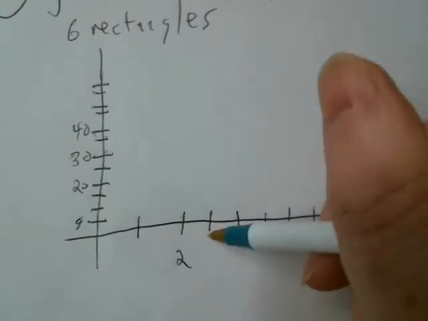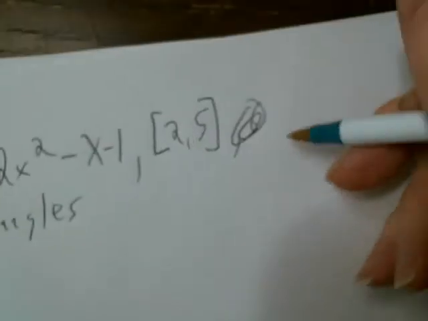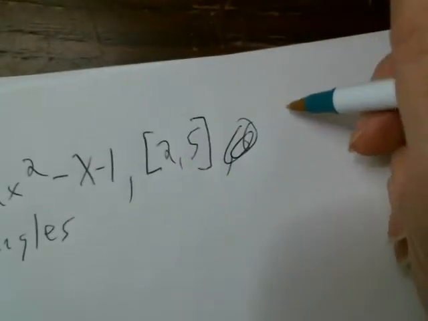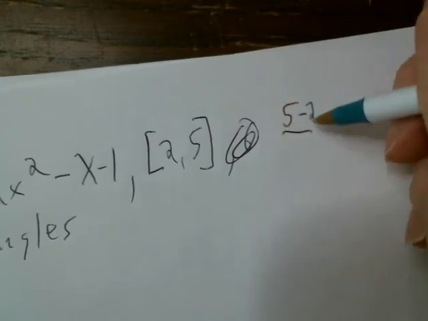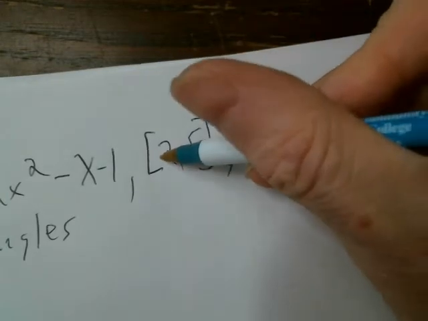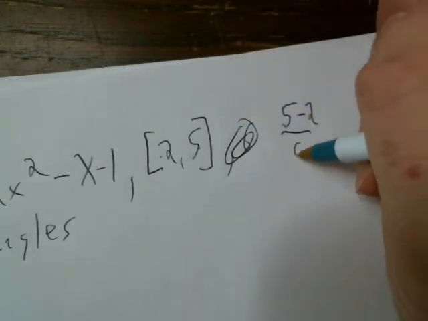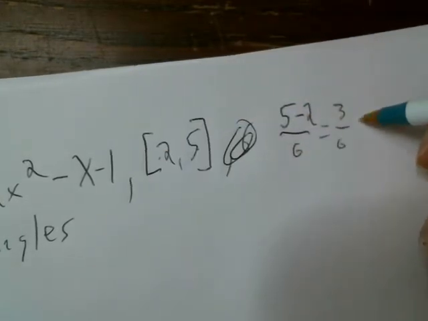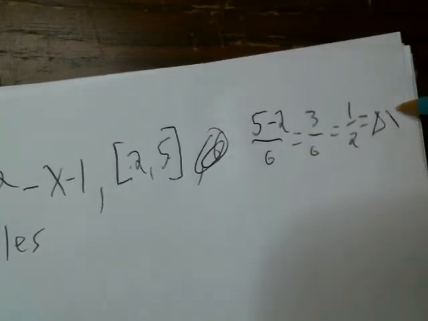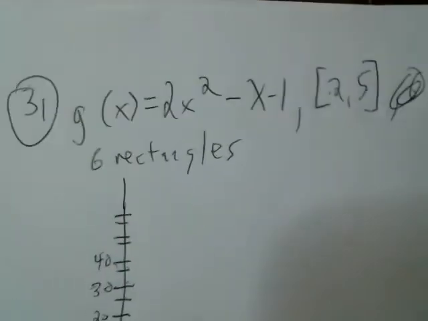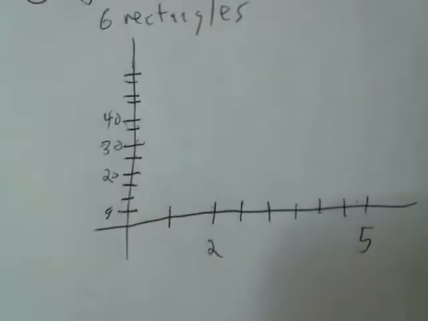And you can tell how long the intervals are just by taking this 2 to 5 interval. You take 5 minus 2, the right endpoint minus the left endpoint, and divide by 6. So that would be 3 over 6, which is 1/2. And that's the delta x they talk about. So we're moving by delta x every time.